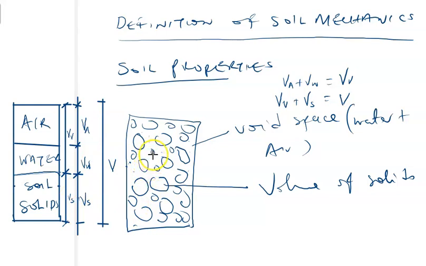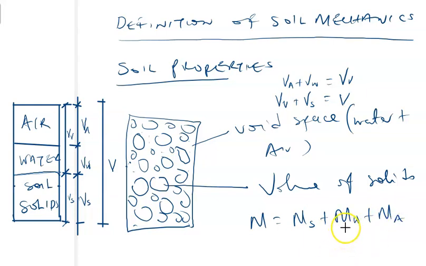Then we can also say, in terms of mass, if the whole thing is total mass M, then total mass will be equal to mass of solid plus mass of void, which is the mass of water plus mass of air.